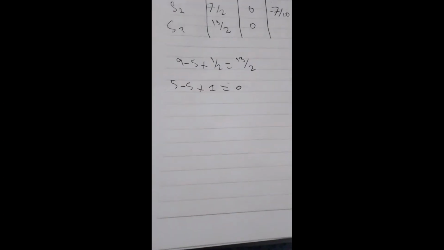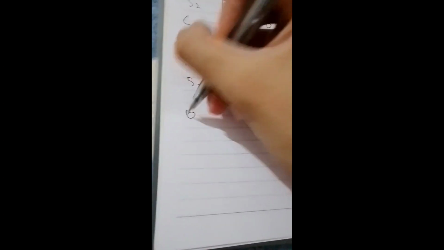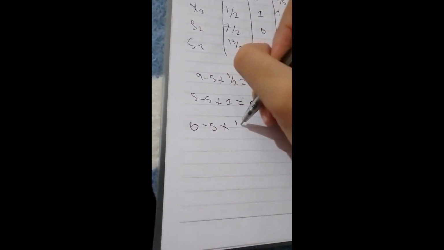Ito, 0. And the next one is 0 minus 5 times 1/10 is equal to negative 1/2.